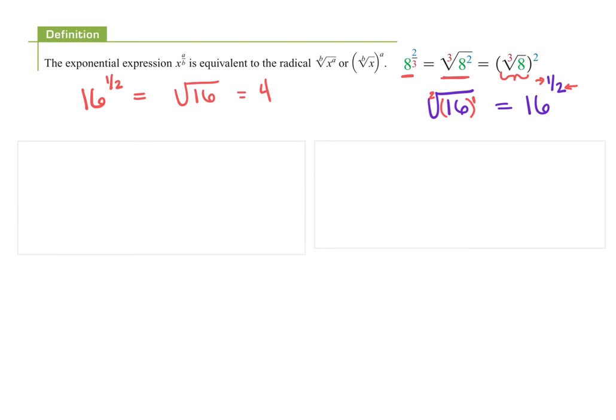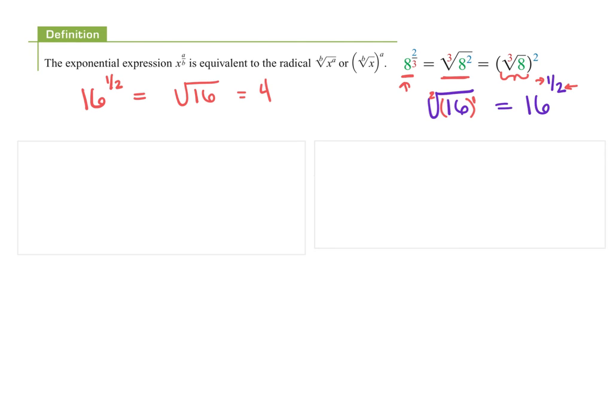Or you could take the cubed root of 8, which is just 2, and then square it. 2 squared is 4. So 8 to the 2/3 is just the number 4. You can take the power first or the radical first. It doesn't matter which way you do it. Typically, it's easier to take the radical first so you have a smaller number that you're taking to a power.